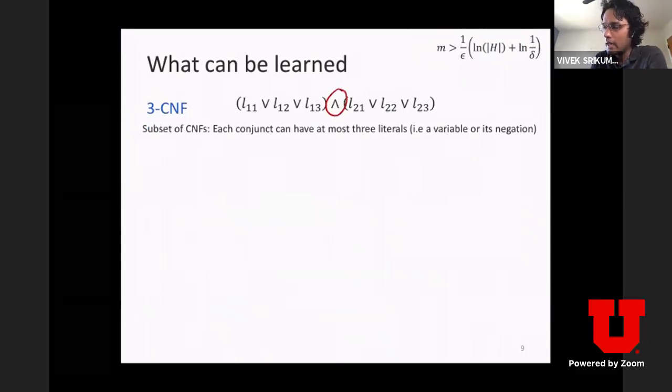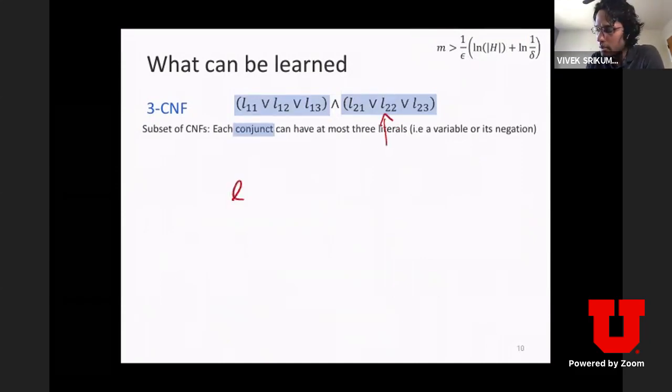If you forget everything inside the parentheses, it's a conjunction. But it's not a conjunction of just literals, it's a conjunction where each component is itself a disjunction. So a 3CNF specifically allows an arbitrary number of conjuncts, but every conjunct can have at most 3 literals.